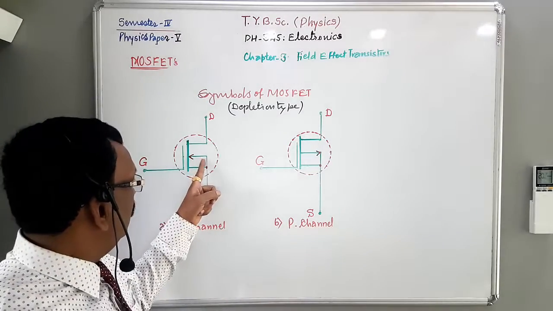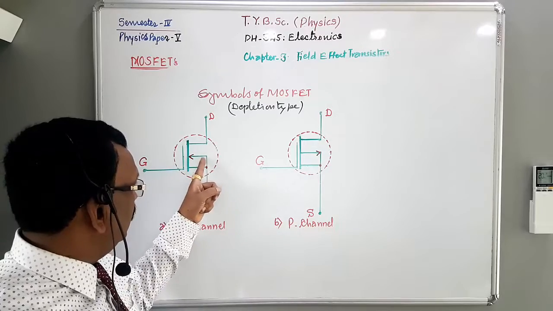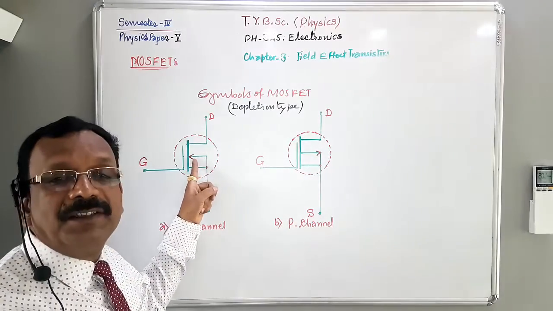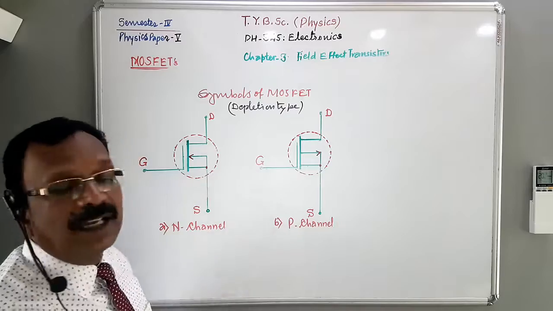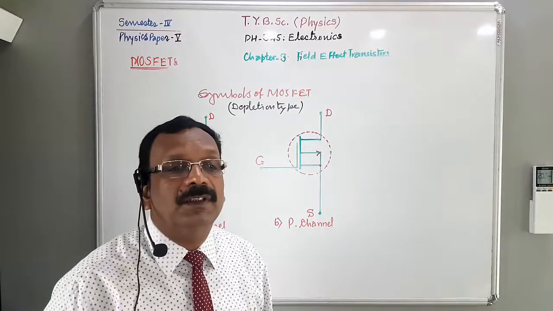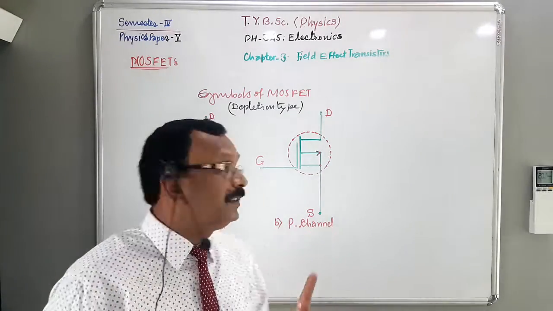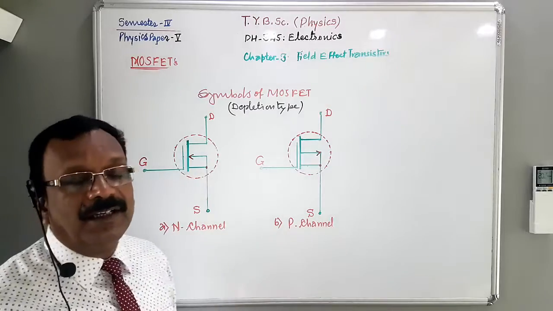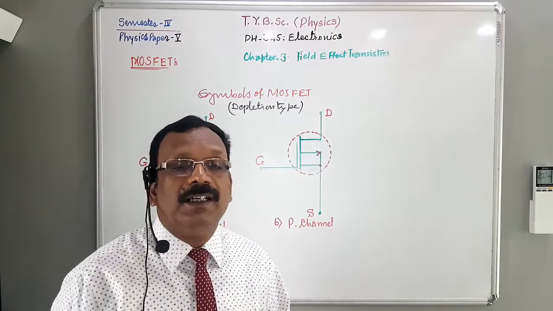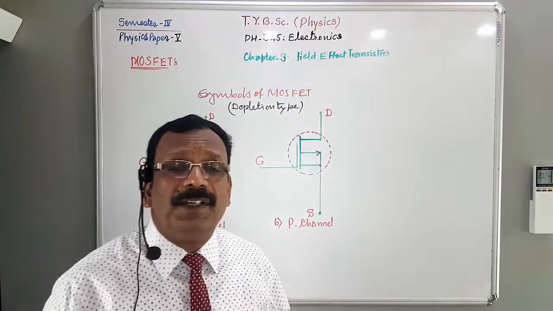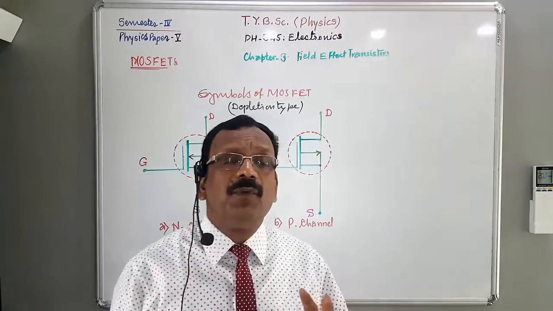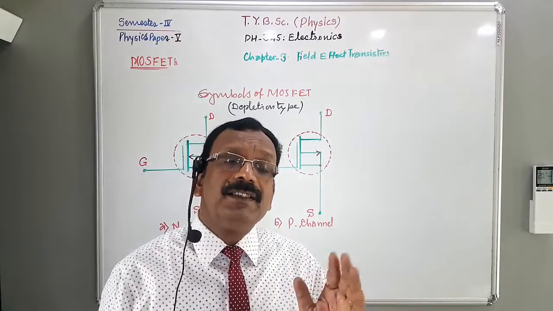This arrow on the P substrate points towards this channel. This indicates that the channel is of n-type. In some MOSFETs, a connection from the substrate is also taken out.